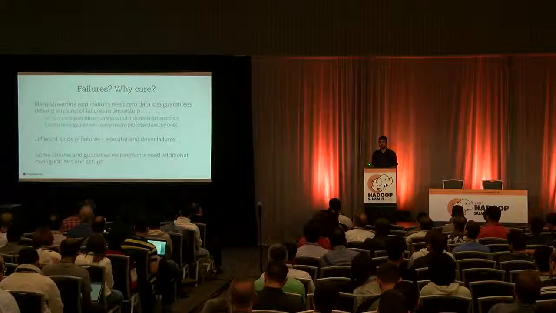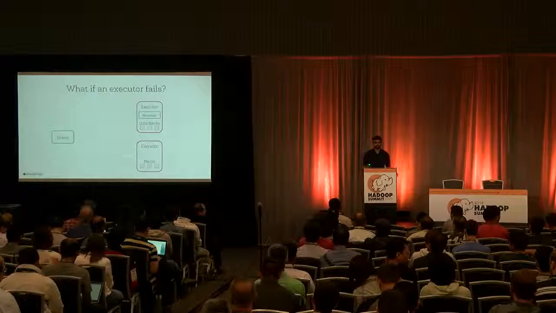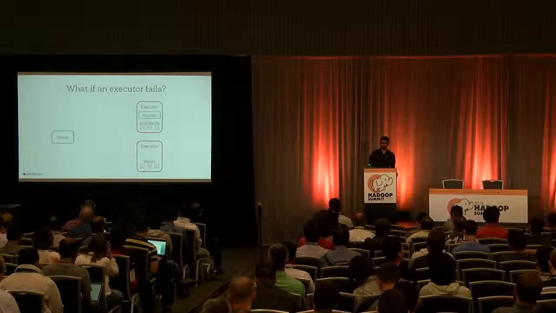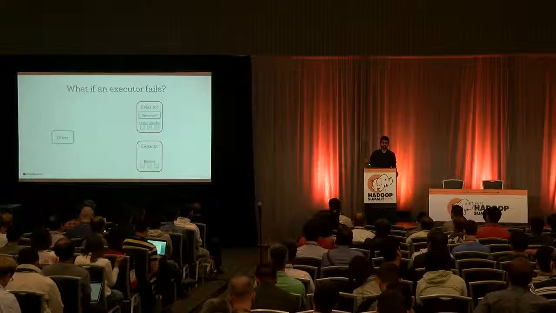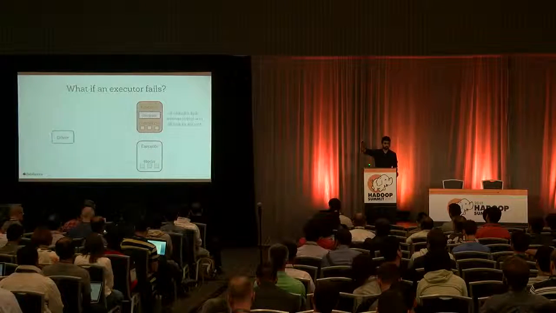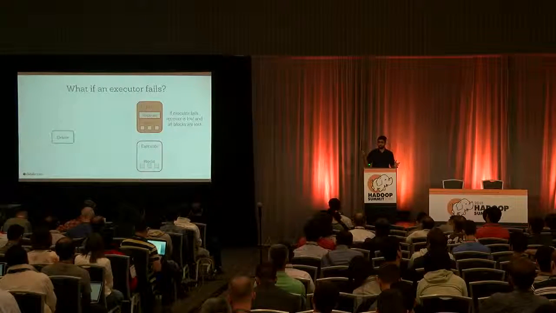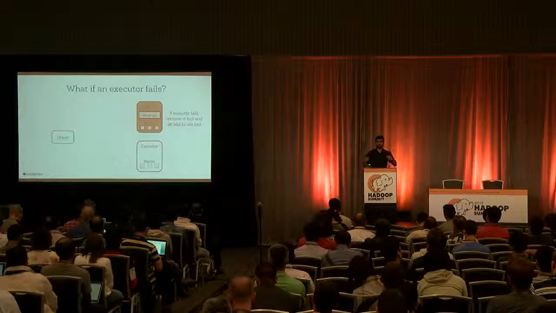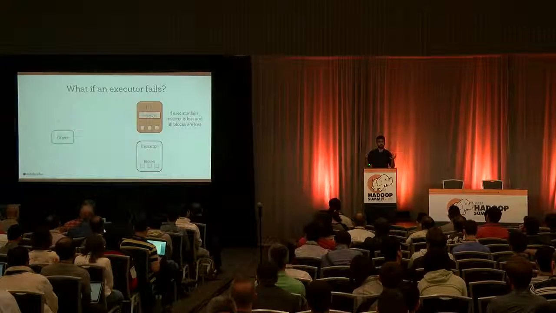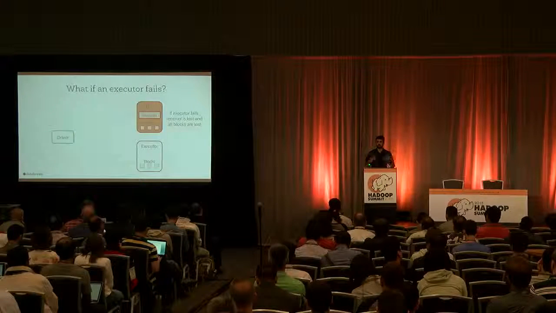So let's understand what happens when an executor fails. Let's say there was this executor running a receiver, and this executor happens to fail. Obviously, the receiver running on the executor is gone. All the in-memory data blocks in that executor are also gone.